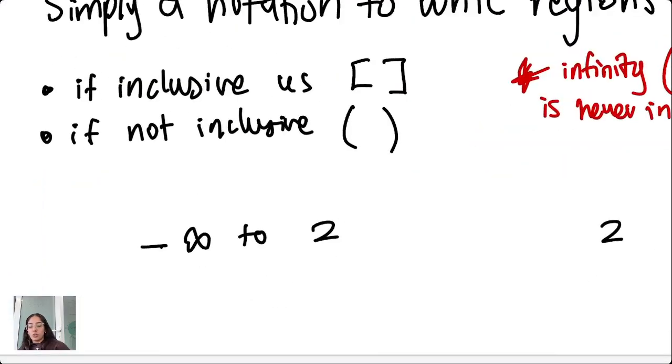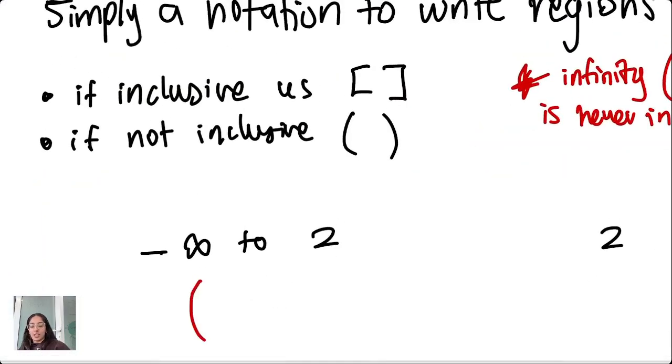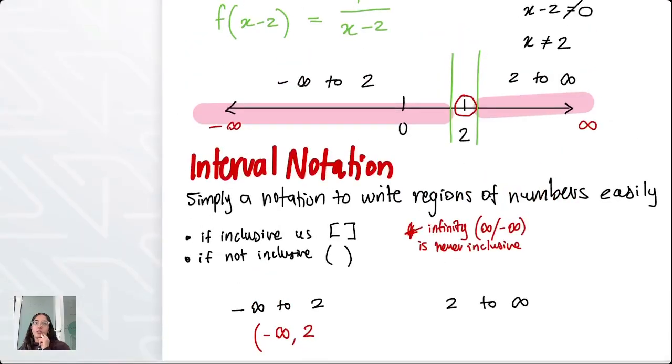And here's all you're going to do. Circle negative infinity. Instead of to 2, we just write a comma, 2. Is 2 inclusive or exclusive? Do we want 2 in the region or no? So which bracket do I use? Emma? Yeah, just a round bracket. Then I'm going to write this, which just means union.